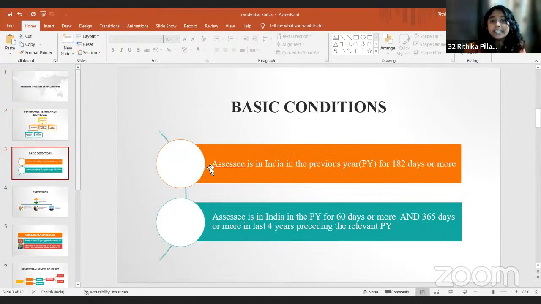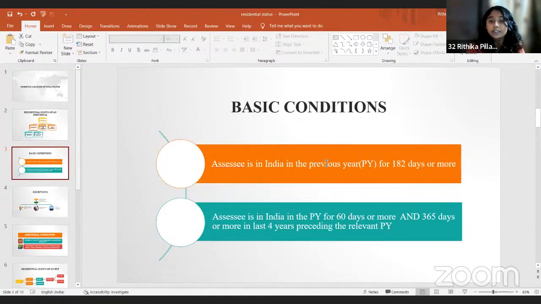The first is if the assessee is in India in the previous year, which is 2021-22, for 182 days or more, then he will be considered a resident. Or he has to be in India in the PY for 60 days or more, and in India for 365 days or more in the last 4 years preceding the relevant PY.